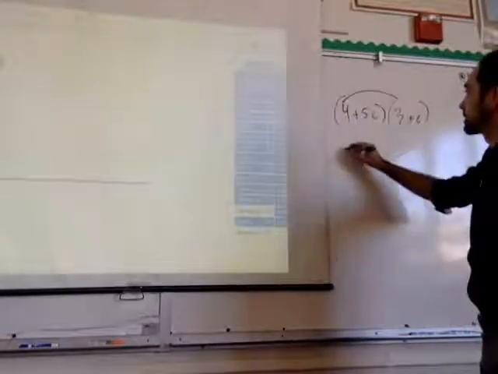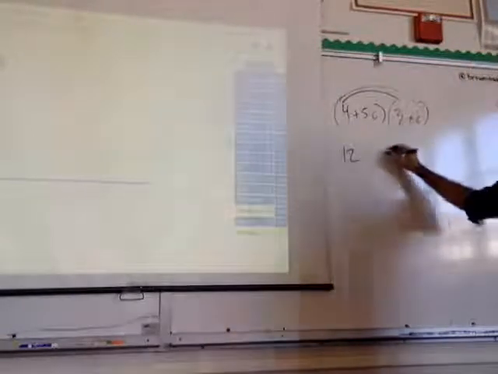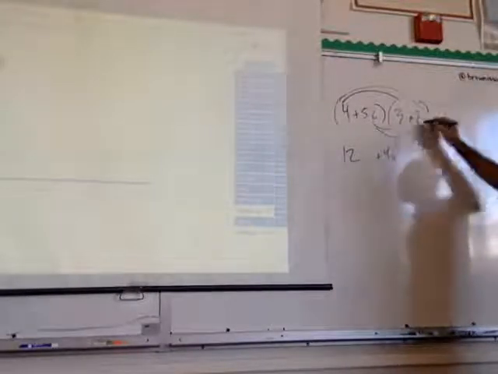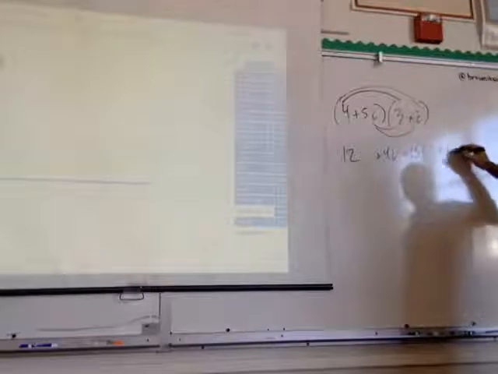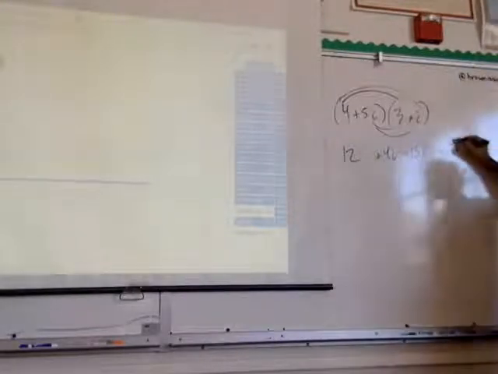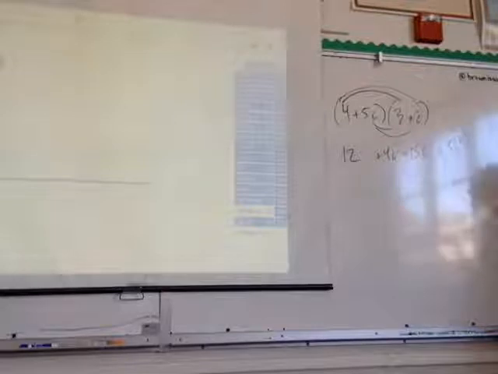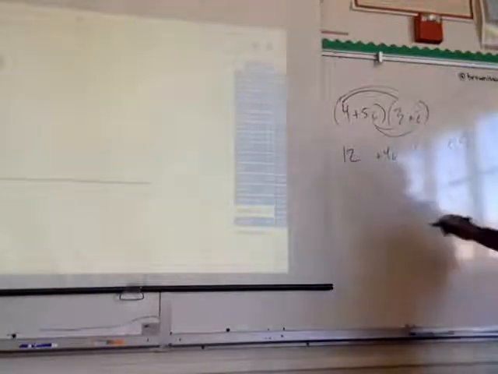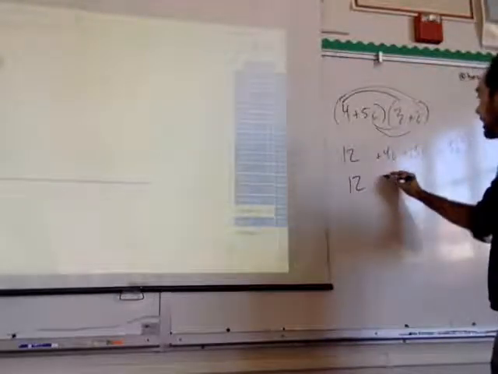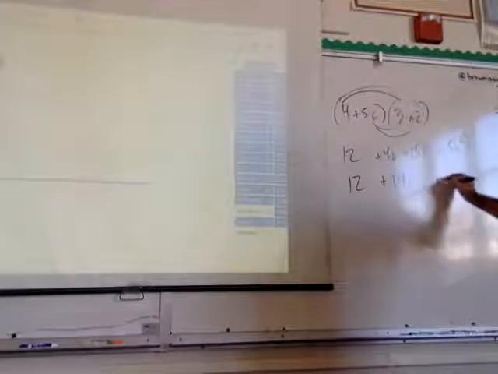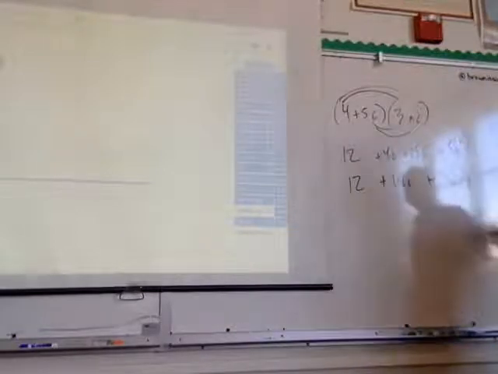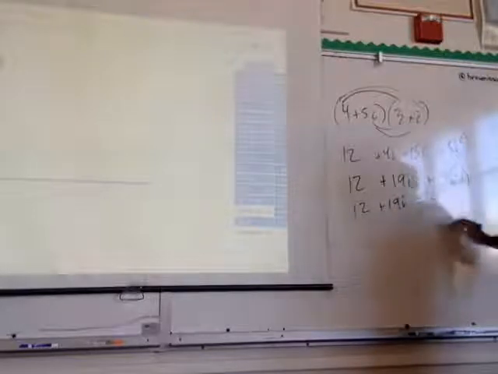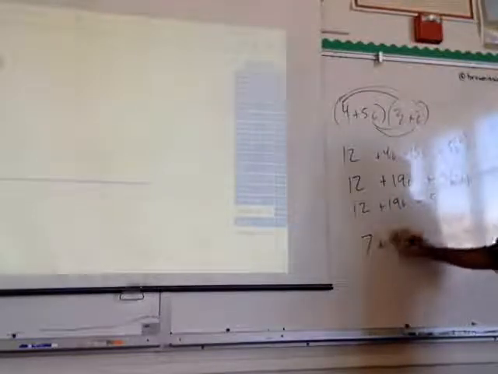First, 12, outer, 4i, inner, 5i, last. Anytime I see an i squared, I want to put the parentheses there because 100%, we won't miss it. We won't mess up the signs. This one's a little easier for that. Plus 19i plus 5 times -1. I'm going to just do an extra line for this. Good? 7 plus 19i.